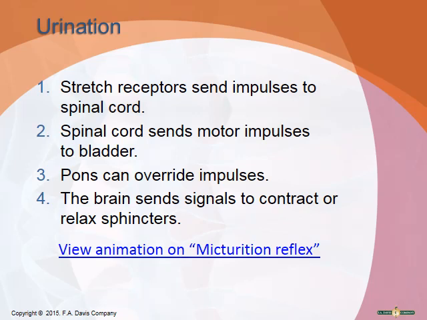The pons takes the information from the stretch receptors, you gotta go, and has information from other parts of the brain, like the cerebrum, that says, I don't think it's the right time to urinate, nor am I in the right place. So as a result, the external urinary sphincter is contracted.